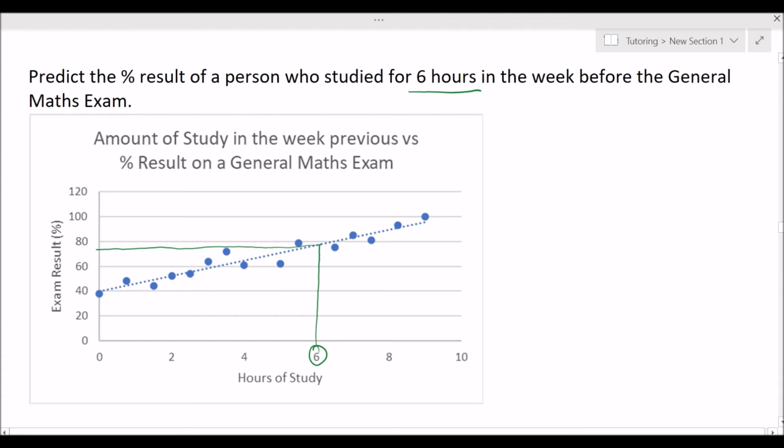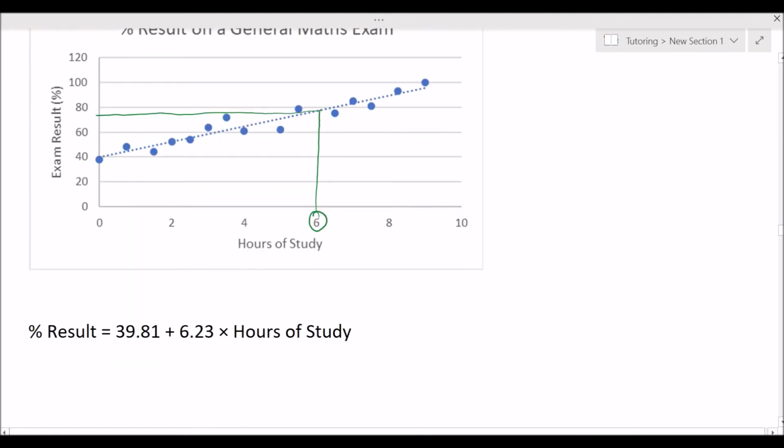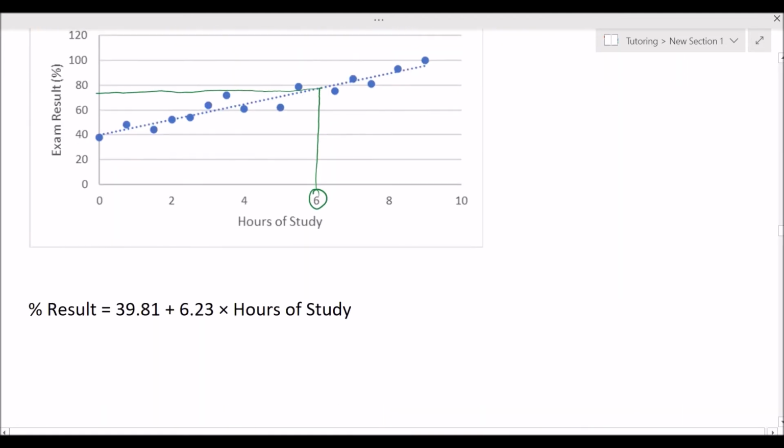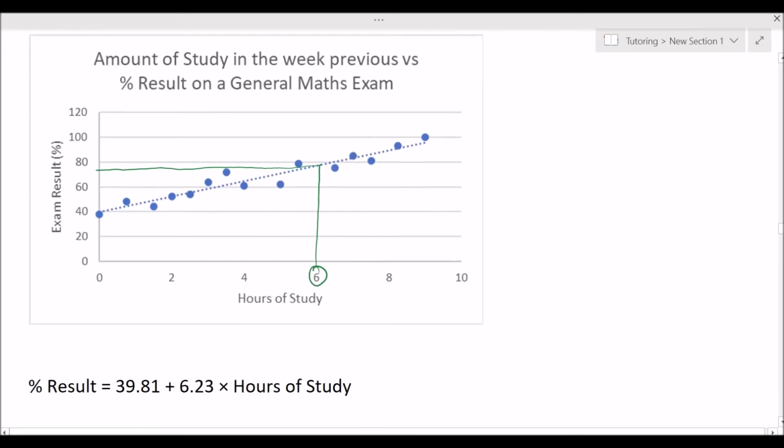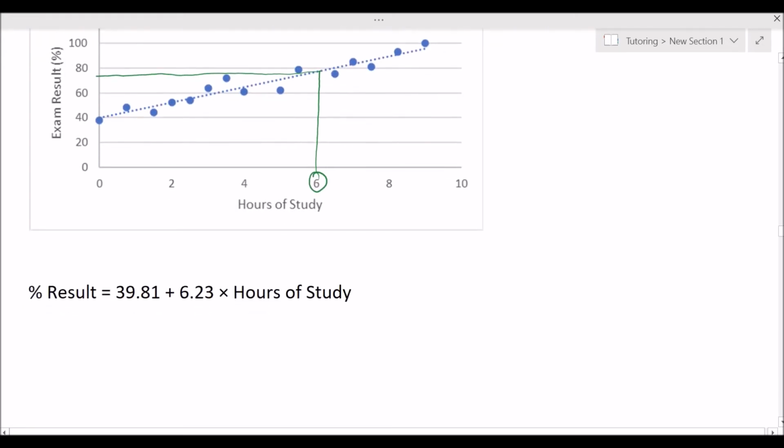So that's one way to do it, but you can see there are some limitations there. If your scale isn't detailed enough, it's hard to be accurate. So what you can also do is substitute into the equation of the least squares line. So let's go back to our prediction. We want to predict the result of someone who studied for 6 hours.